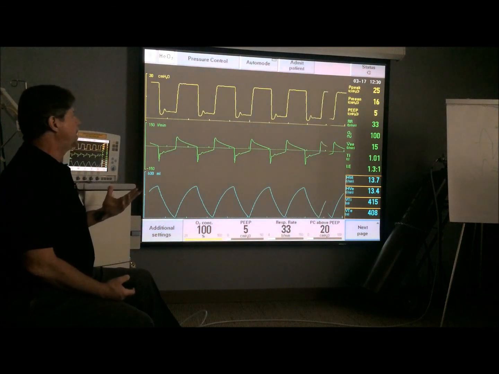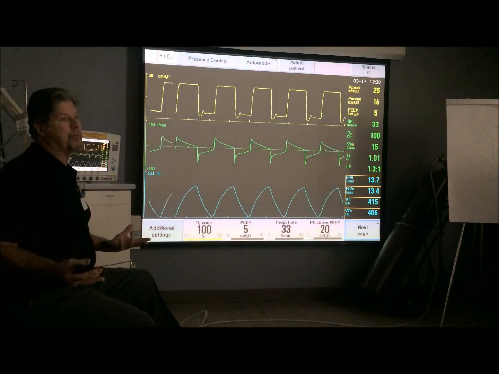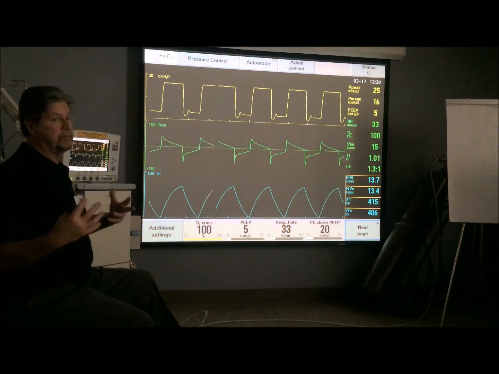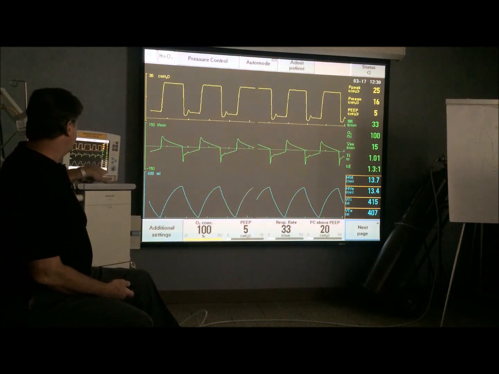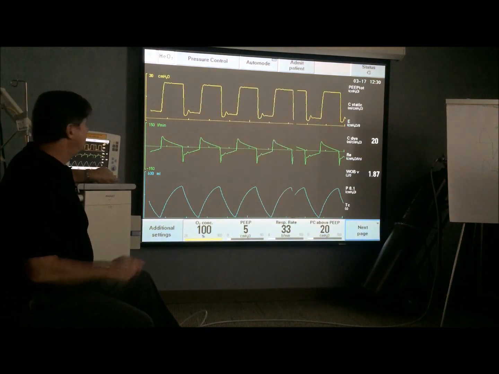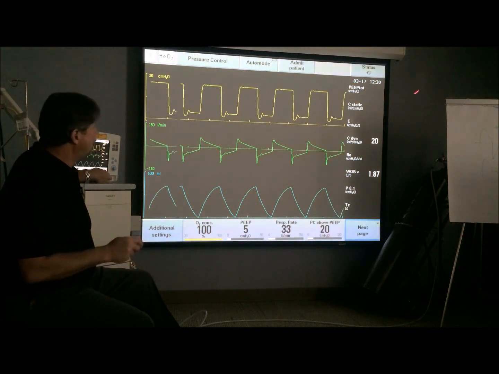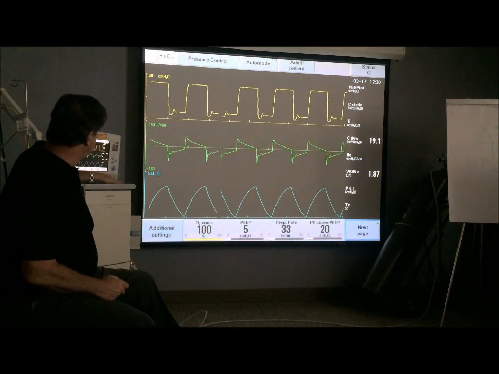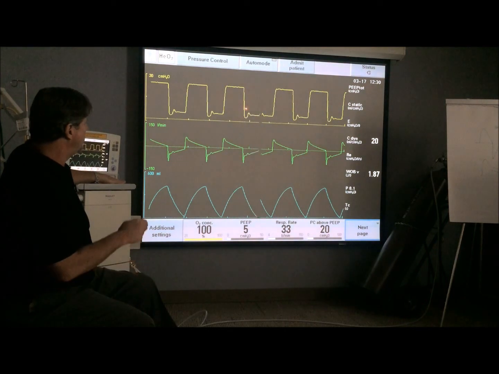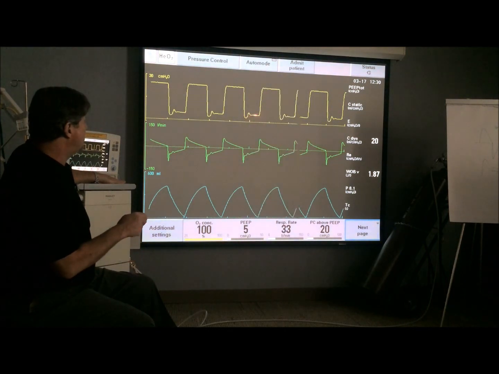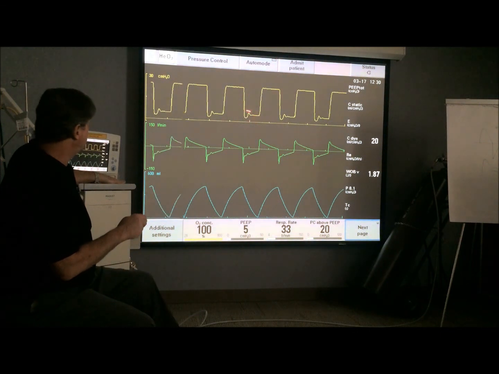But the question will be, well, what is it? How much PEEP am I creating? Because PEEP is a function of pressure, right? Well, if we go to the next page, we have a value called total PEEP. To do a total PEEP measurement, we need to do an expiratory hold. And when we do an expiratory hold, we're going to measure the total amount of pressure that will be in the lung during exhalation.